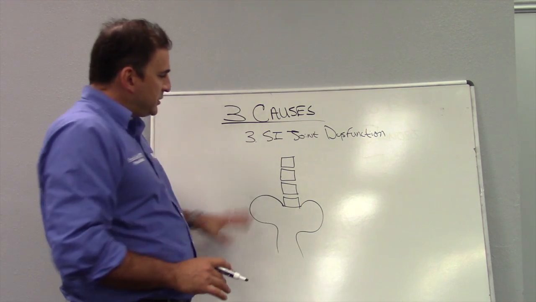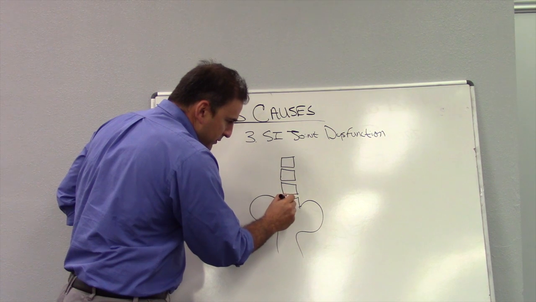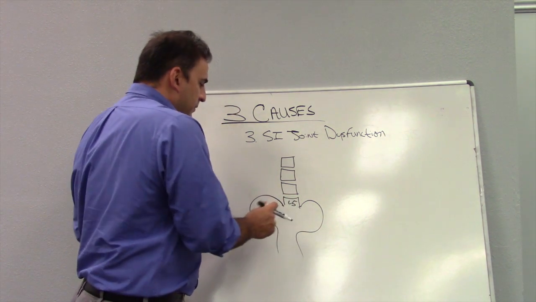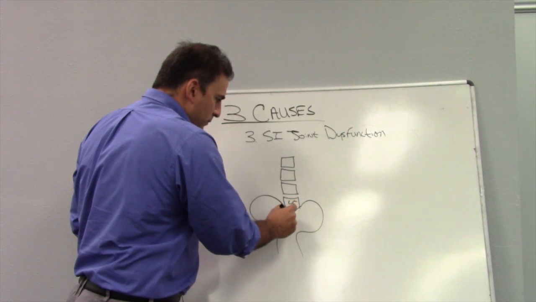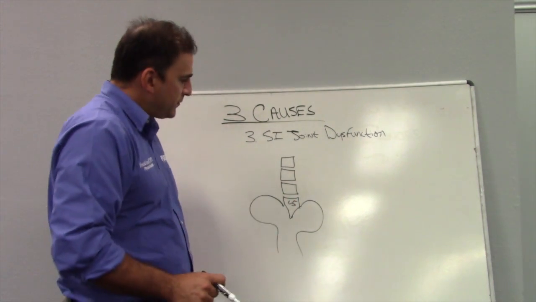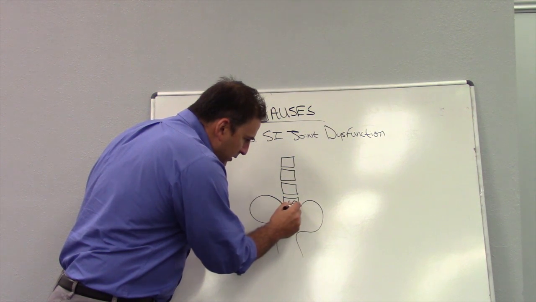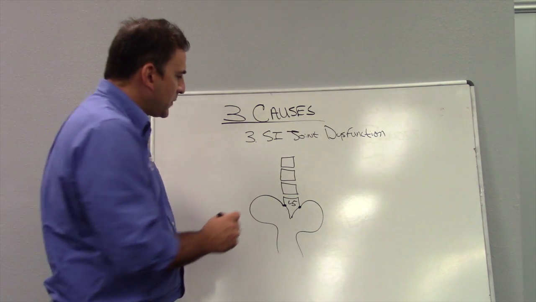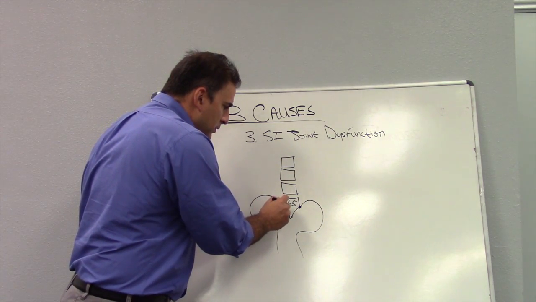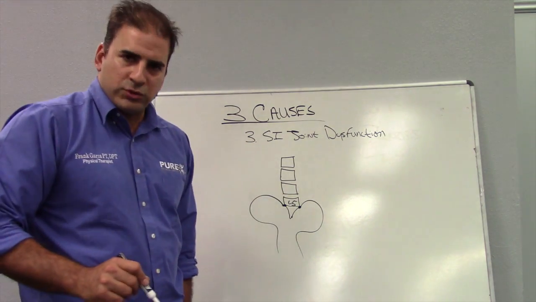Okay, so this should look like your L5, which is your last lumbar vertebrae, and then you have your sacrum and your coccyx. So this segment right here and this junction, where this bone and this vertebrae come together, this is your sacroiliac joint.